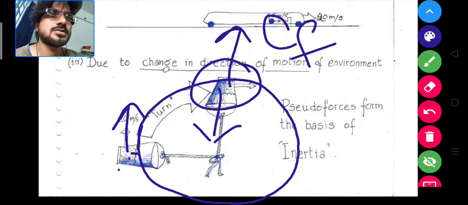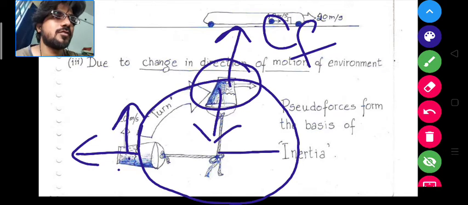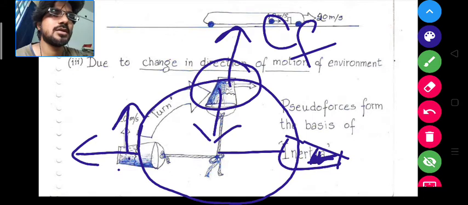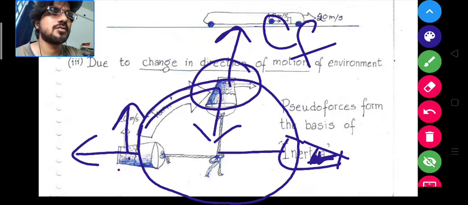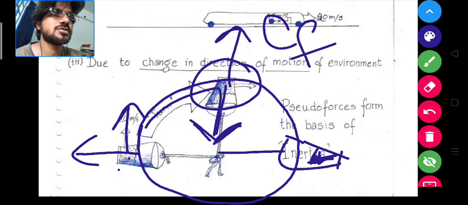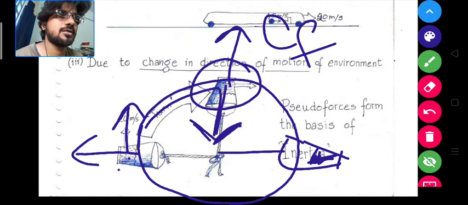So when it is here and here, the water inside the bucket will still be under constant force, due to which it will not fall down.